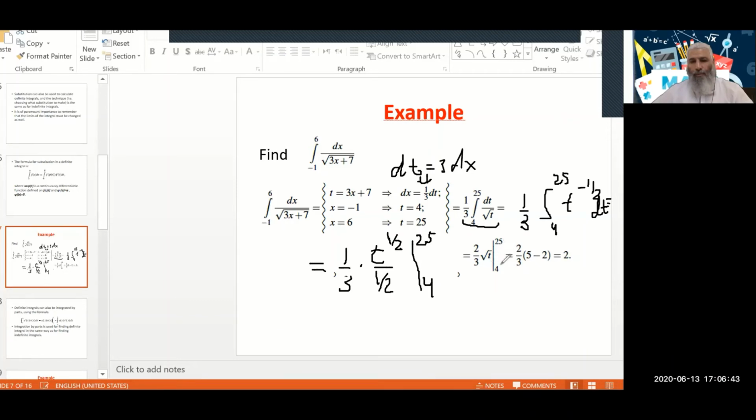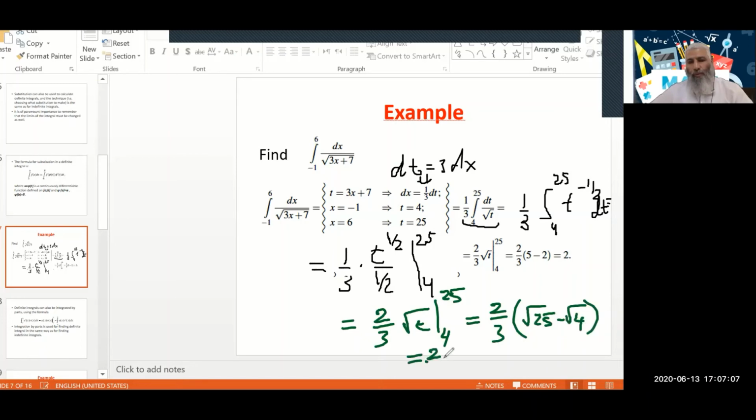He just worked with t and didn't go back to x. This is 2/3 root t for 25, so 2/3 root 25 minus root 4.